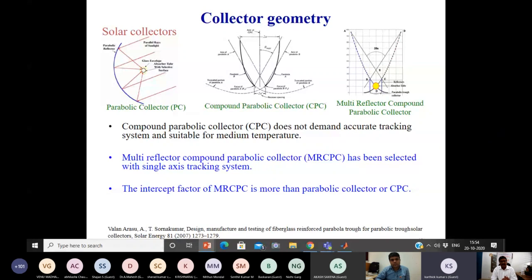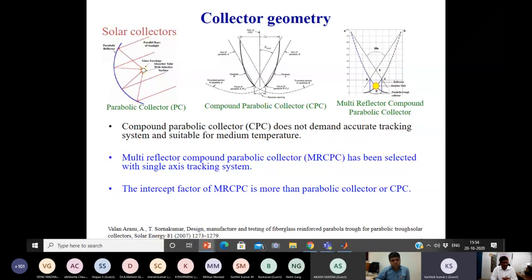Parabolic linear concentrating collectors demand a more accurate tracking mechanism, whereas the compound parabolic collector or multi-reflector compound parabolic collector requires less accuracy. Even a 1 degree error it won't mind. There is not much problem associated with the compound parabolic collector.